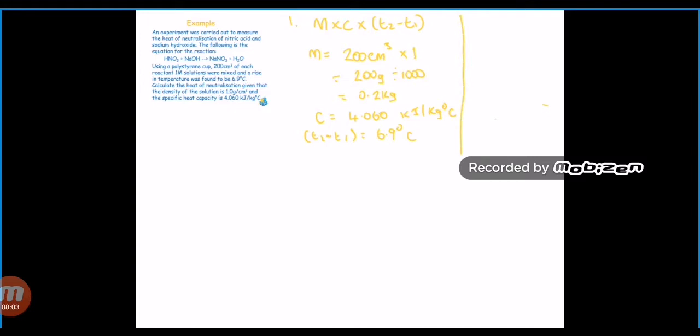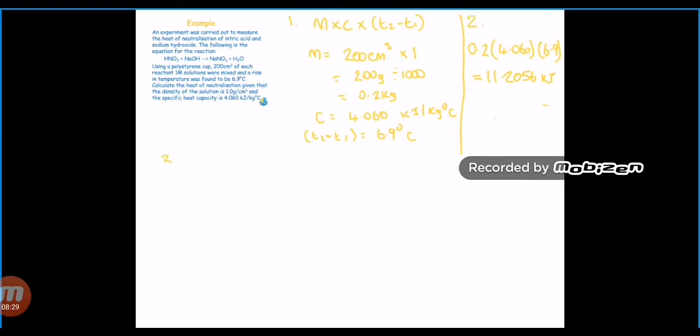So I'm going to have 0.2 by 4.060 by 6.9. And when I put that into the calculator, I get that my heat liberated will be 11.2056 kilojoules. So that is step 2 done.